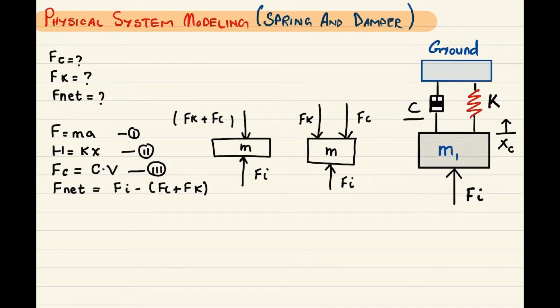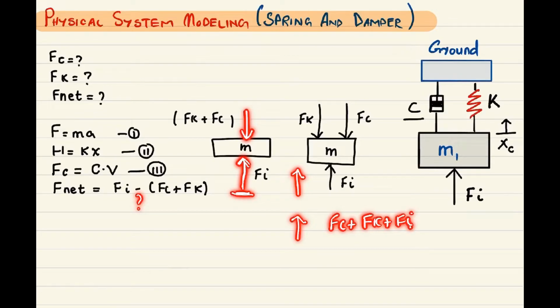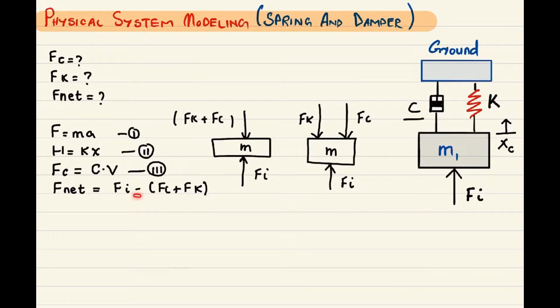And we know that the reason for the minus here is the opposite direction of this reactive force, because as I explained in the last video, when any reactive force is in the opposite direction of the original input force, which is this one, it will have a negative sign, and when the reactive force is in the same direction as the original input force, it will be added to the original force, which means if Fi was in this direction and Fc plus Fk was also in this direction, then we'd do Fc plus Fk plus Fi, but that is not the situation, so we have to put this minus here.